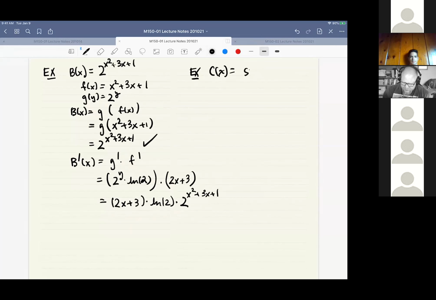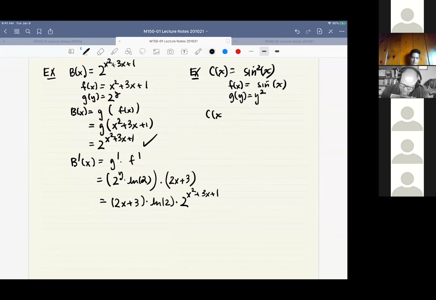So what about sine squared x? Well, here, the first thing that happens to my input is the sine function. It goes to the sine function. And then that value gets squared. So this is how I'm going to write c of x as a composition.